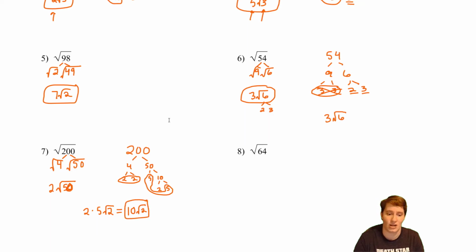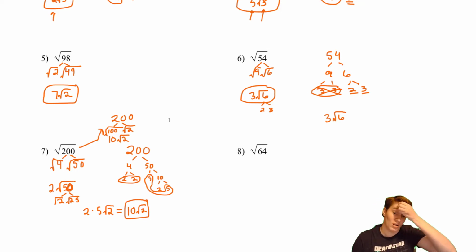Now we could have figured that out by continuing with the square root of 50 and saying, do I know what goes into 50 that's a perfect square? Okay, that's 2 and 25, and square rooting the 25 puts a 5 on the outside, and we'd still have a 2 on the inside. So that's a possibility. Or maybe you realized the best thing we could do is say that 200 splits up into 100 and 2, and 100's a perfect square, which gives us 10 square roots of 2.